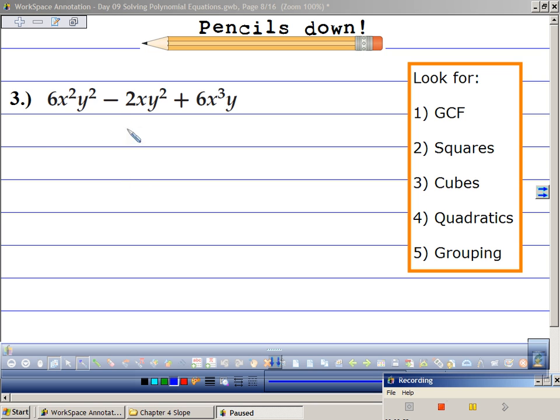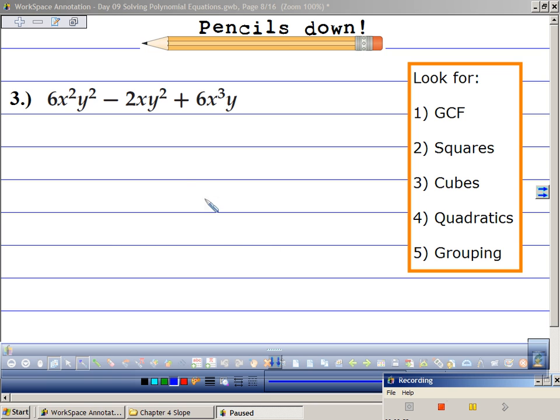Why would I say that? You need to be cognizant of whether or not there's a GCF in there. But before you do it, because if I had something that was factorable and I pulled a GCF out, I may not be able to factor it completely now. You know what I mean?